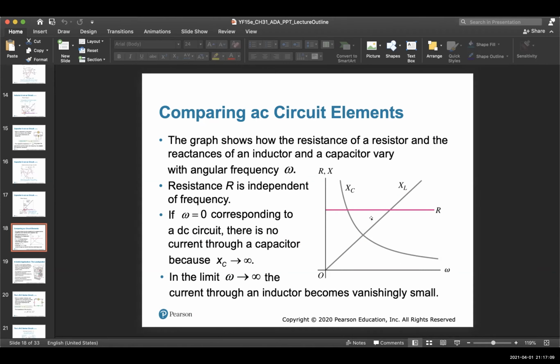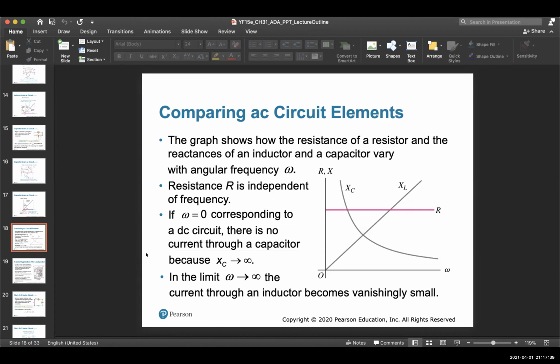The reactance of an inductor, just omega L, should increase linearly as omega increases. Okay. If omega is 0, which is a DC circuit, there is no current through a capacitor. Wait, what?